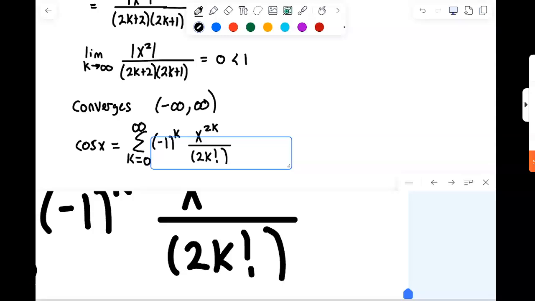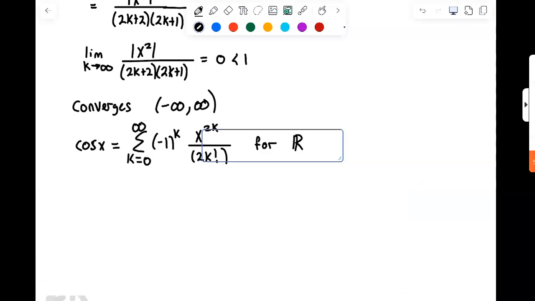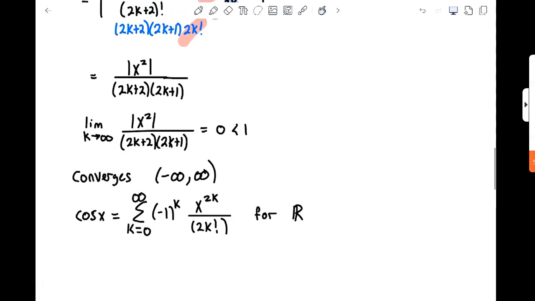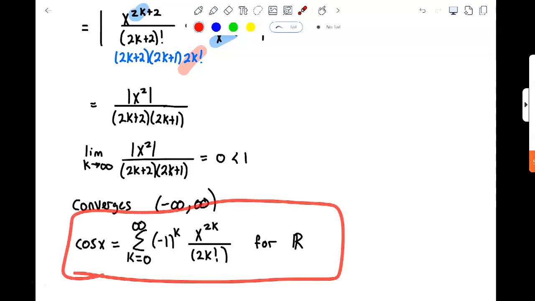Okay, for all real numbers. The infinite series converges for all real numbers. Okay, so we have this result now, our first Taylor series. Like I said, there is another result that says that when a Taylor series converges, it will converge to the function it was used to build it. And so there we have our result.